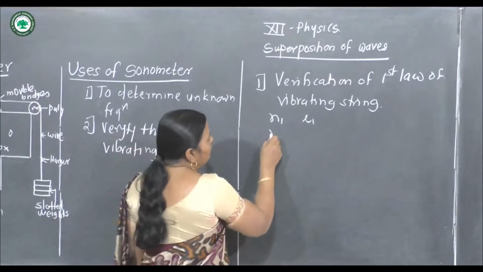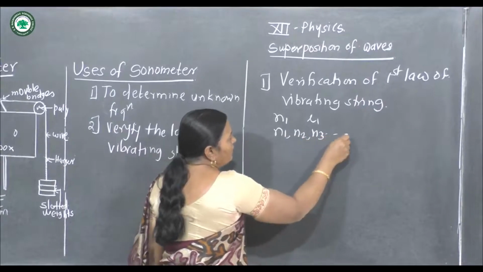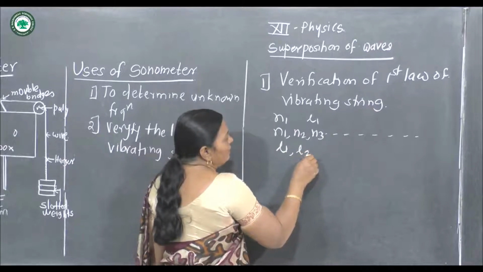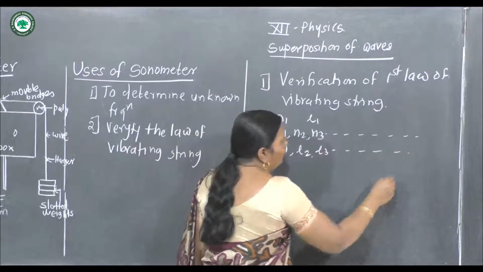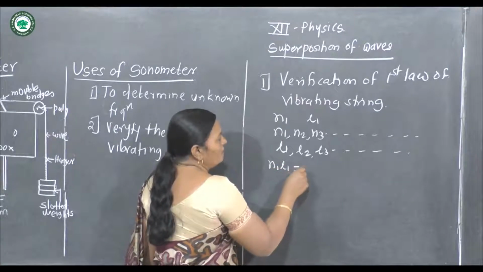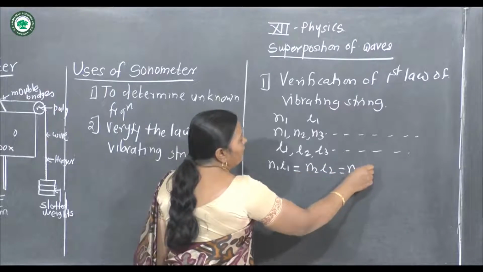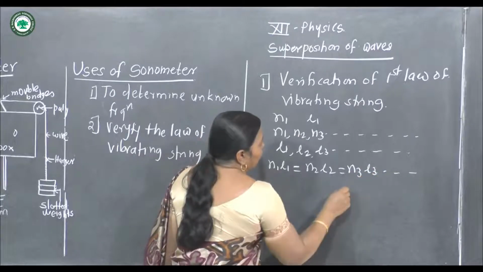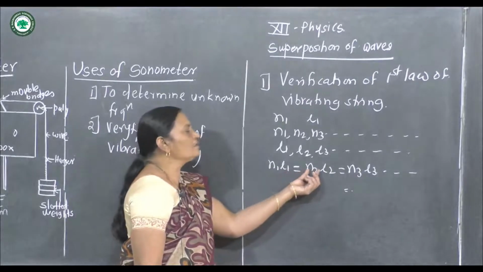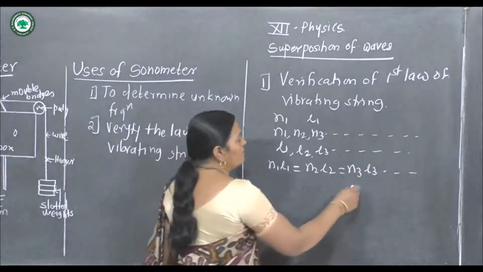Now suppose N1, N2, N3 are the frequencies of the tuning forks and corresponding lengths are L1, L2, L3. Now we take the product: N1 L1 is equal to N2 L2 is equal to N3 L3. It is observed that the product N1 L1 is equal to N2 L2 is equal to N3 L3, that is, it is constant.